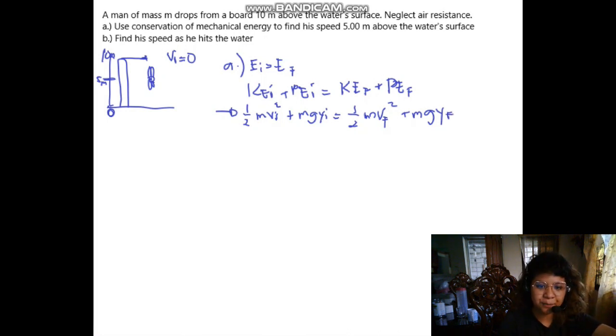Since we are neglecting air resistance, we cancel all the mass here. And cancel the initial velocity since our initial velocity is 0.